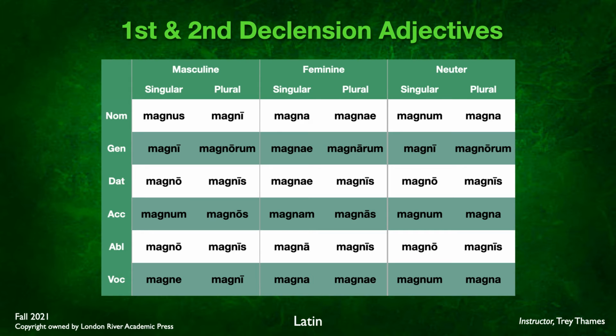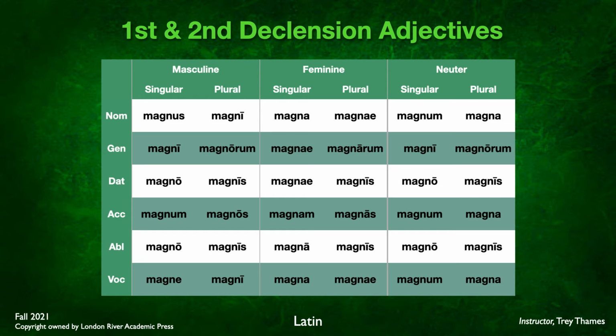In this case, that would be magnus. And if you needed an adjective to modify a word that was being used as a direct object, and again, it was feminine, and it's a direct object, it's accusative, and plural, then you would use the feminine accusative plural, which in this case is magnas.